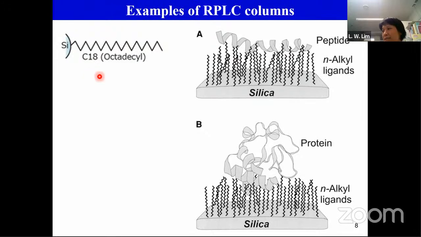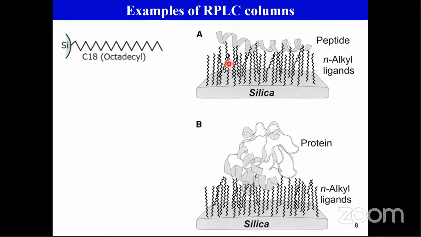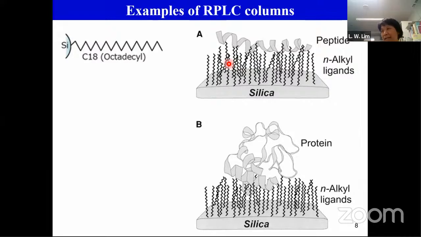So this is some of the images for the silica support, and then you have your alkyls standing like this. Ideally, the stationary phase has to promote a form of barrier, so that when there's silica like this, the eluent can be trapped in these alkane chains and form a layer of solvent.